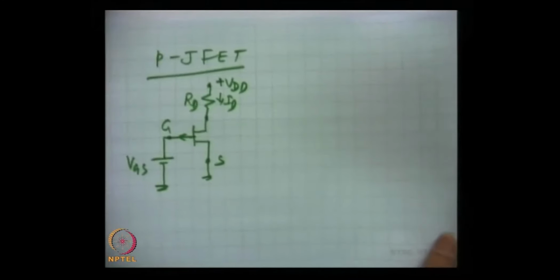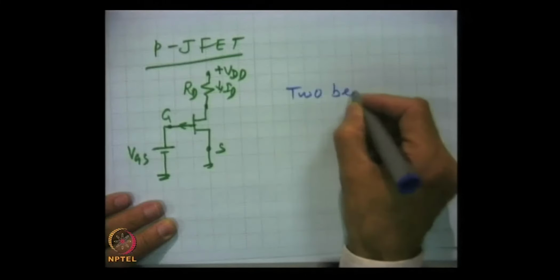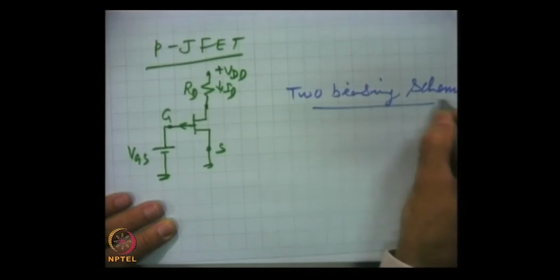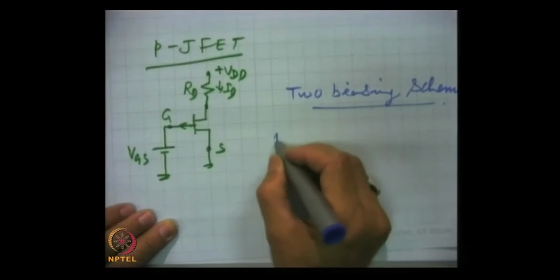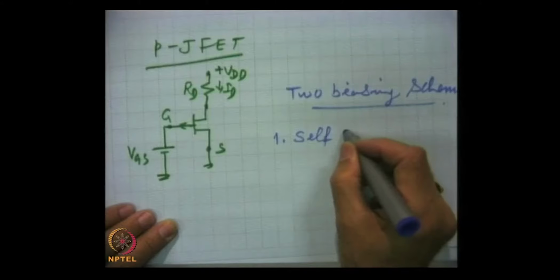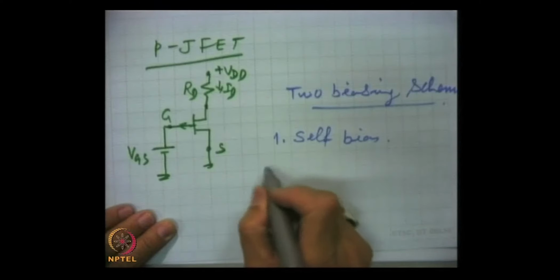Then what are the choices for biasing? The fixed bias, for the reasons we have discussed, is not a good biasing scheme. There are two biasing schemes which are widely used. One is called self bias, and the other one is voltage divider bias.